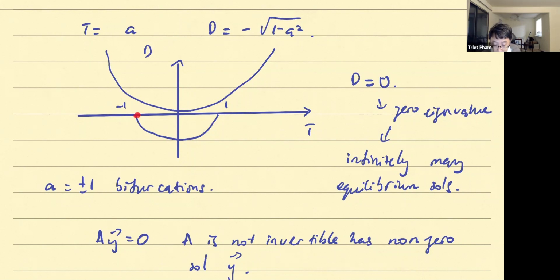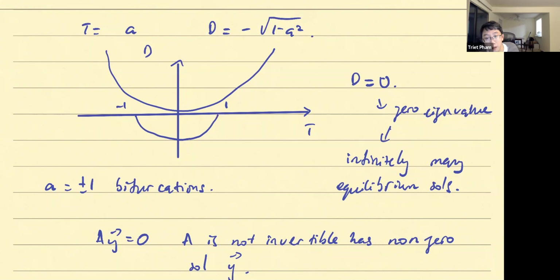How does the system behave? That's D equal to 0, and you have infinitely many equilibrium solutions. Then when you go down here, you only have one equilibrium solution. And then when you go back up here, you have infinitely many equilibrium solutions.